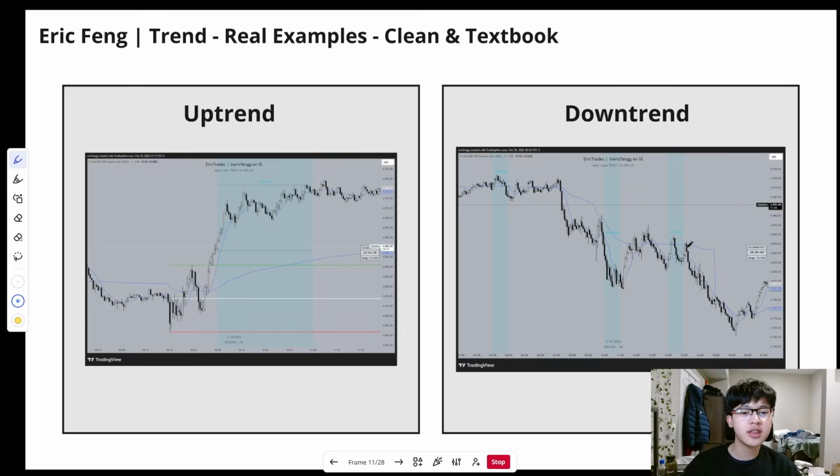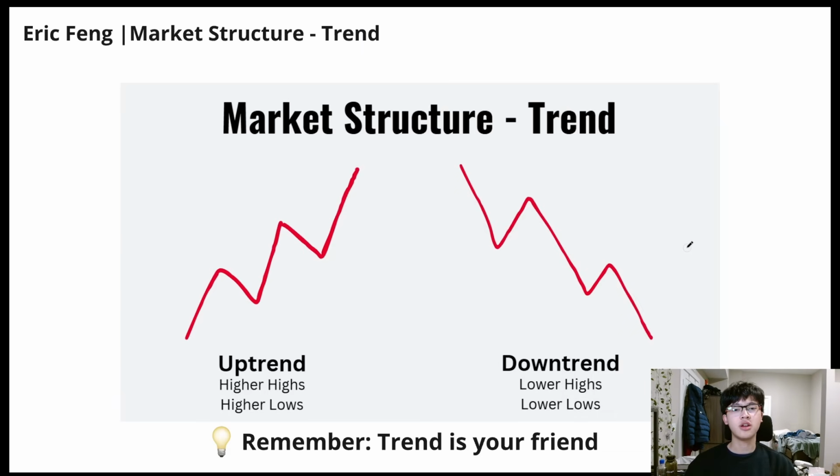The other thing I wanted to mention with entries is to only stick with one type of entry. If you're a pullback trader, stick to only entering on pullbacks. And if you're someone who enters on the break, stick to only entering on the break.